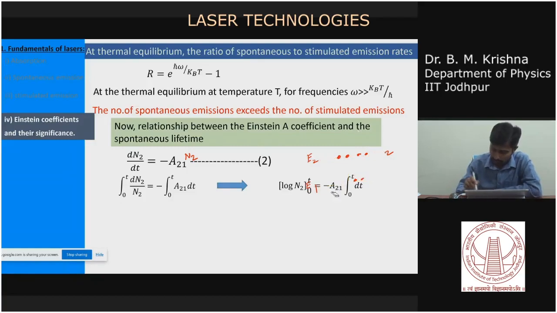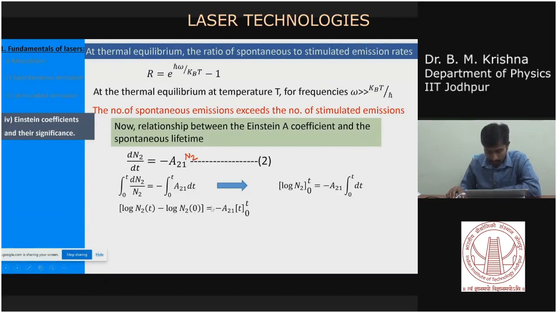Now the integration of dn by n is log n. So log N2 from 0 to t equals minus A21 integral from 0 to t of dt. Expanding this, you substitute the limits: log N2 of t minus log N2 of 0, the population at time t and population at time 0, equals minus A21 times t.